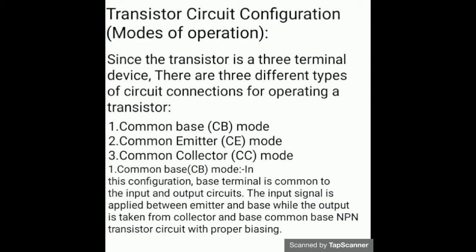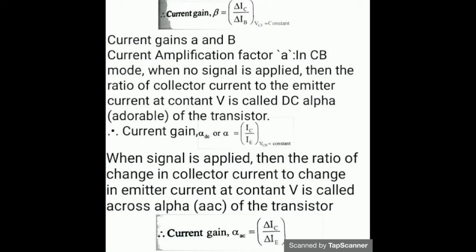Common base NPN transistor circuit with proper biasing. Next, current gain alpha. Current amplification factor alpha in CB mode. When no signal is applied, the ratio of collector current to the emitter current at constant V is called DC alpha of the transistor current gain.